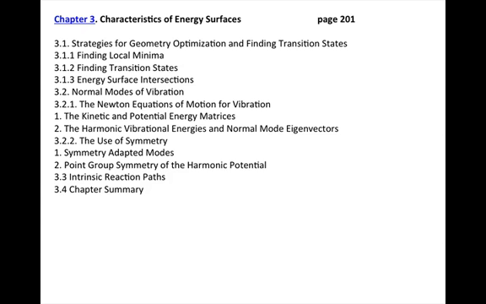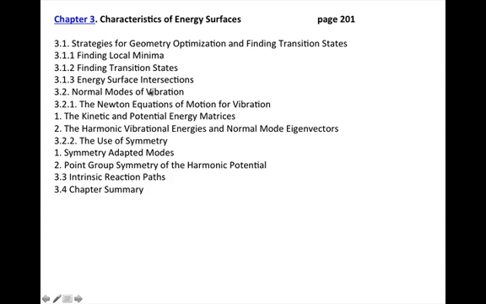This has to do with where a singlet and triplet surface cross one another, or where two singlet surfaces intersect in a subspace of dimension lower than 3n minus 6. At these surface intersections and near them, radiationless transitions or surface hoppings between one electronic surface and another are very likely to occur.